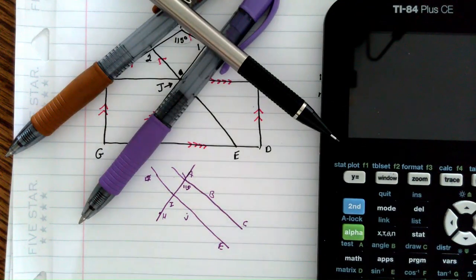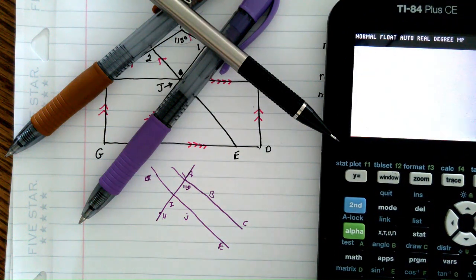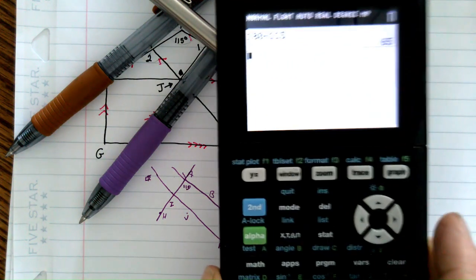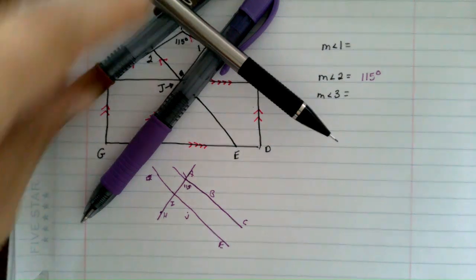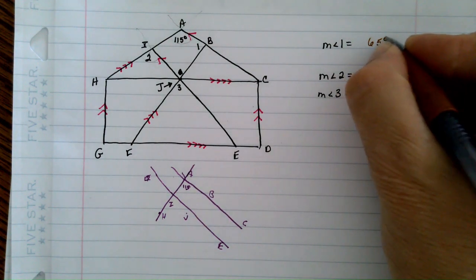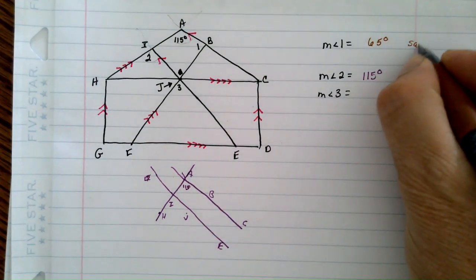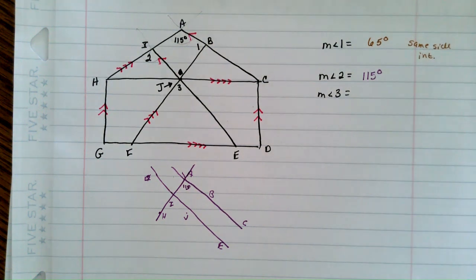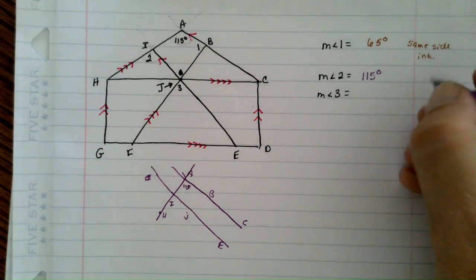So I can come in here and I can do 180 minus 115. And I can find out that angle 1 must be 65 degrees. Again, that was same side interior, right? This one we found because they were corresponding.